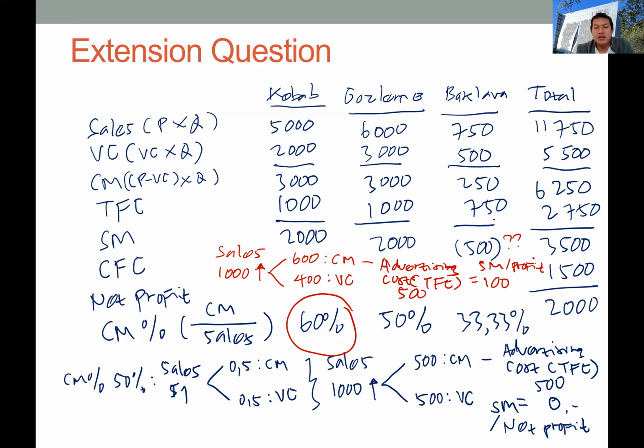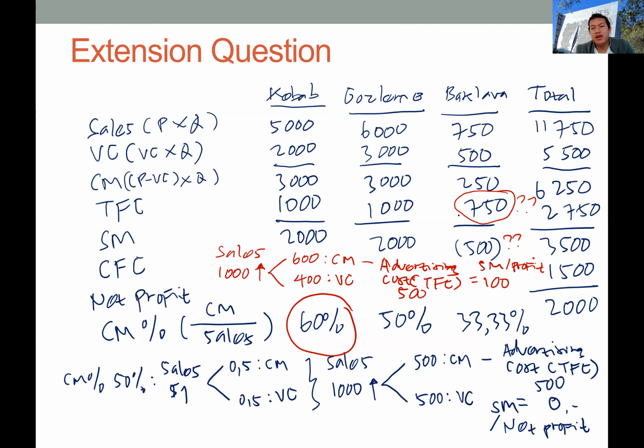Okay, it means that the problem is in the traceable fixed cost. So the company needs to identify or analyze what the elements of this traceable fixed cost are, and try to minimize the cost.